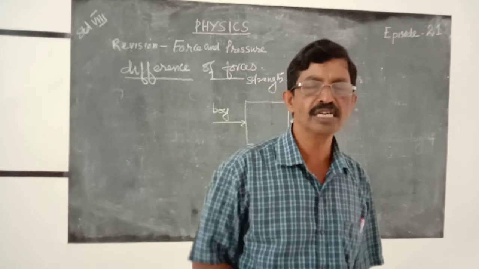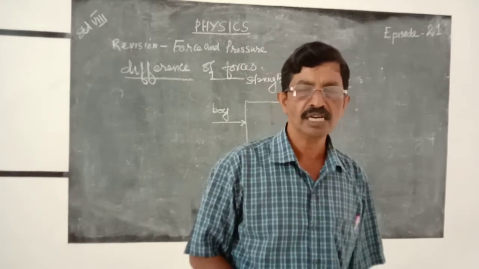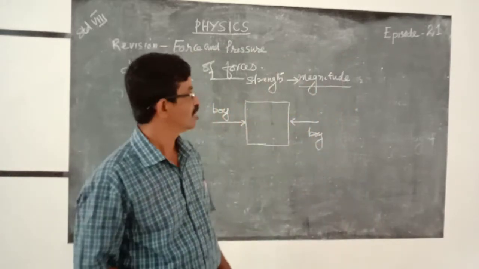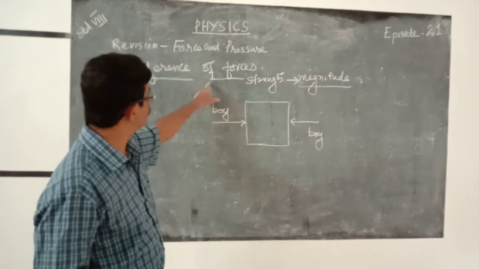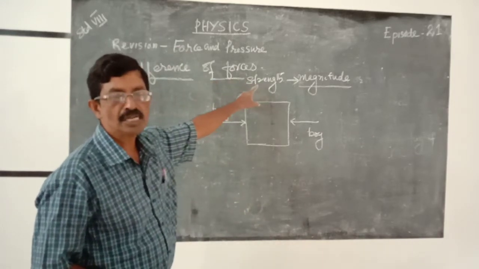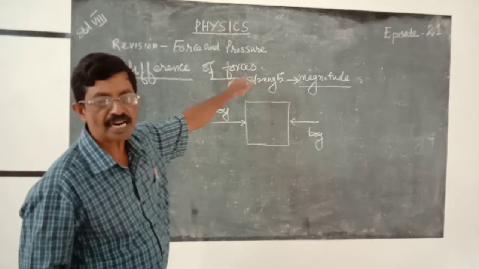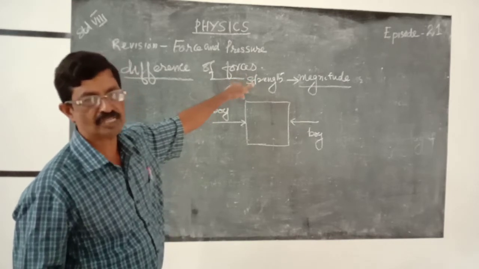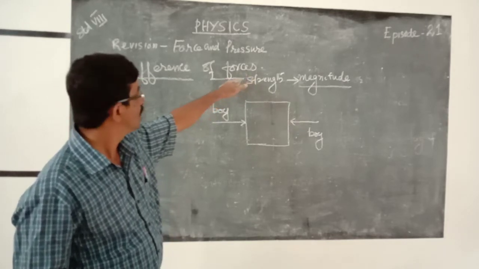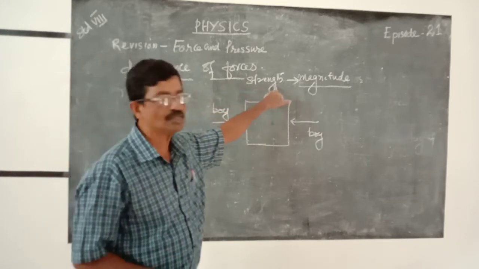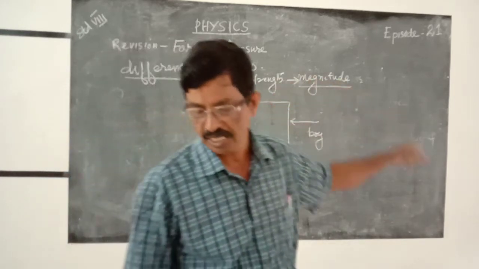It has both magnitude and direction. Now we discussed about force, how we can add it, and also when we take its difference, and how we can measure the strength of a force.